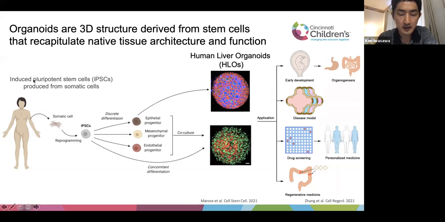In the early 2000s, Dr. Shinya Yamanaka found the technology of inducing pluripotent stem cells, iPSCs, from a human somatic cell.